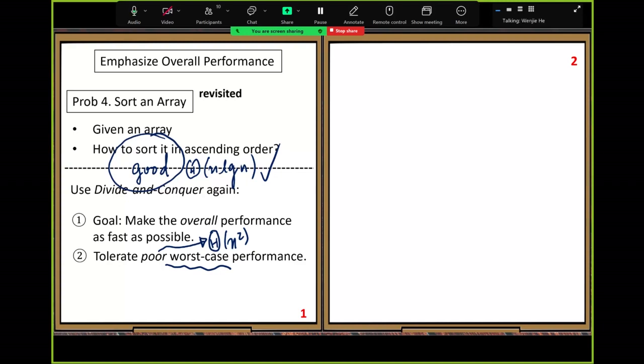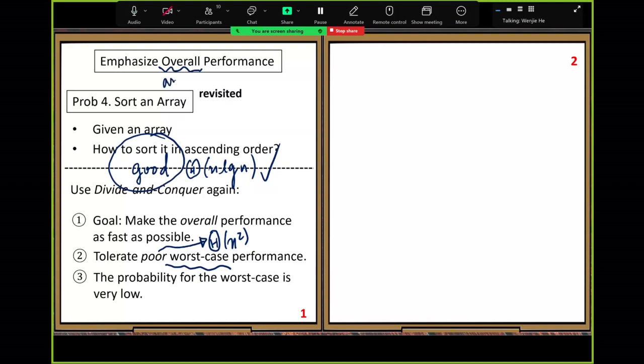So we allow poor worst case performance, but we want to make the probability of the worst case very low. Because our goal emphasizes overall performance. What do we mean by overall performance?